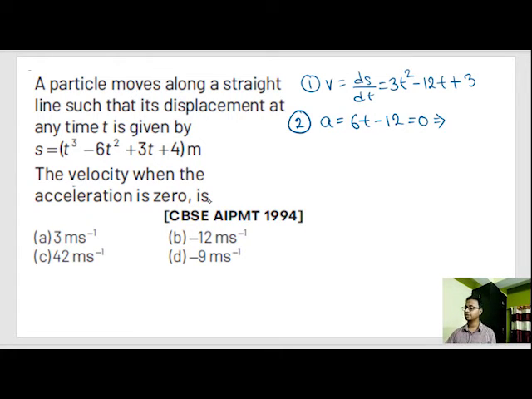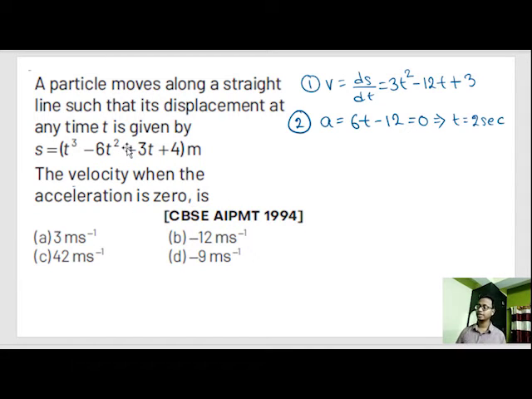So 6t minus 12 is equals to 0, and t is equals to 2 seconds. At that time the acceleration of this motion is equals to 0.